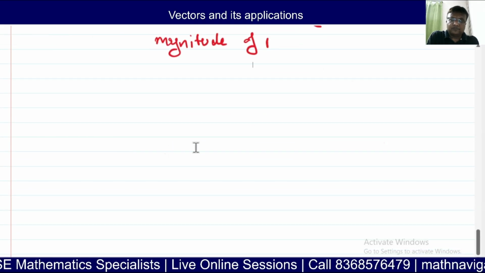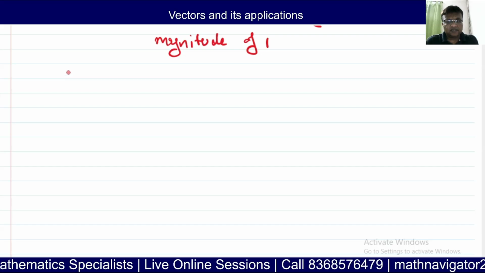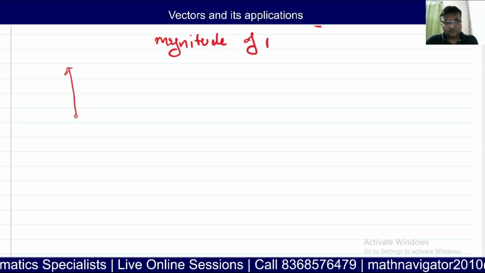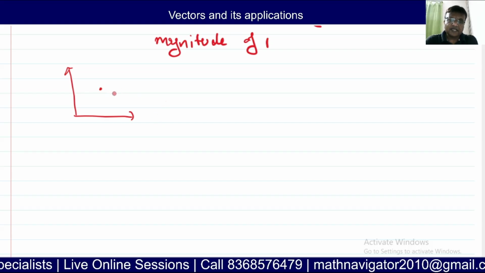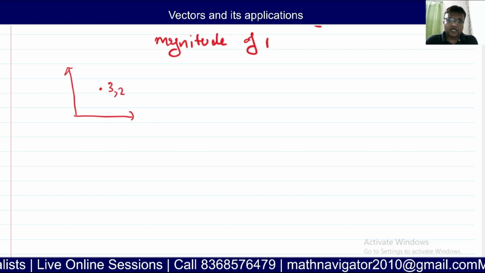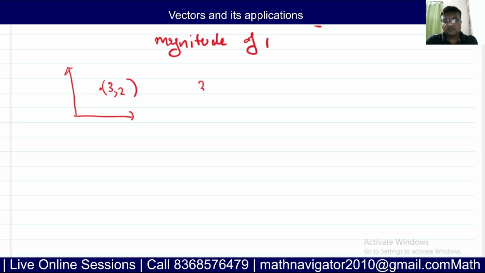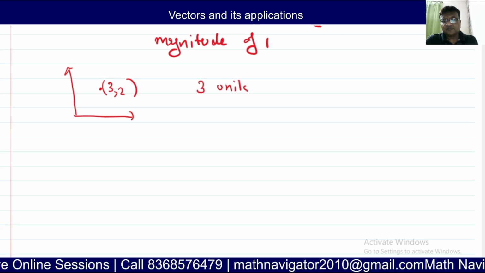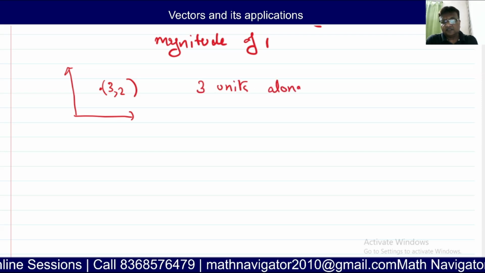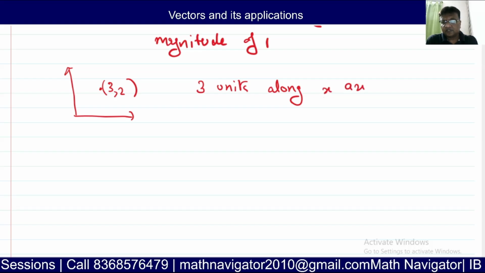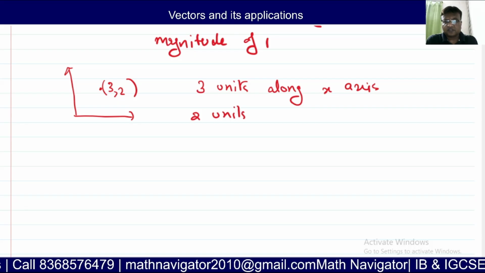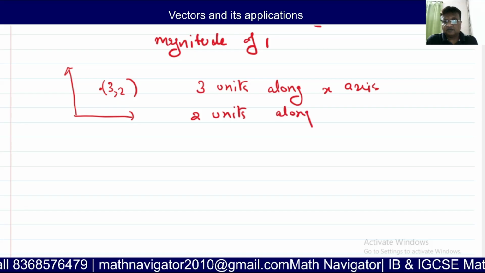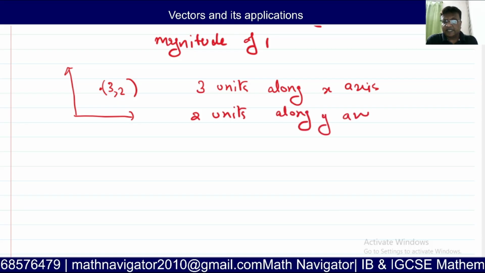So okay, let's first understand one thing. Let's say this is a point here. I can represent this point as (3, 2). That means 3 units along the x-axis and 2 units along the y-axis, right?